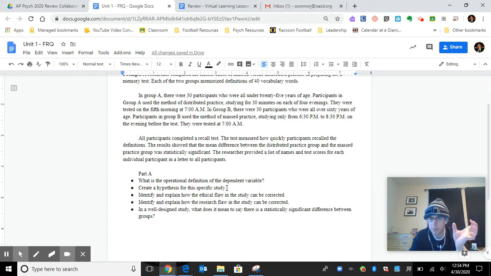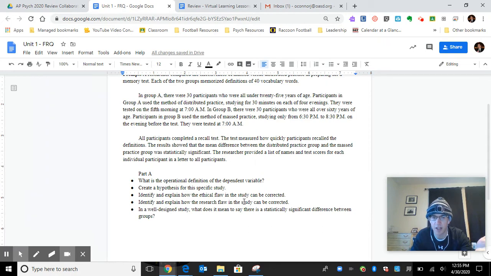So in the prompt, they're going to say what the dependent variable is. They're not going to specifically say it, but you have to look at the definition of a dependent variable, see what specifically in the prompt matches the definition, and then include that in your answer. And then in your answer, just make sure you specifically state that you are referencing the dependent variable.